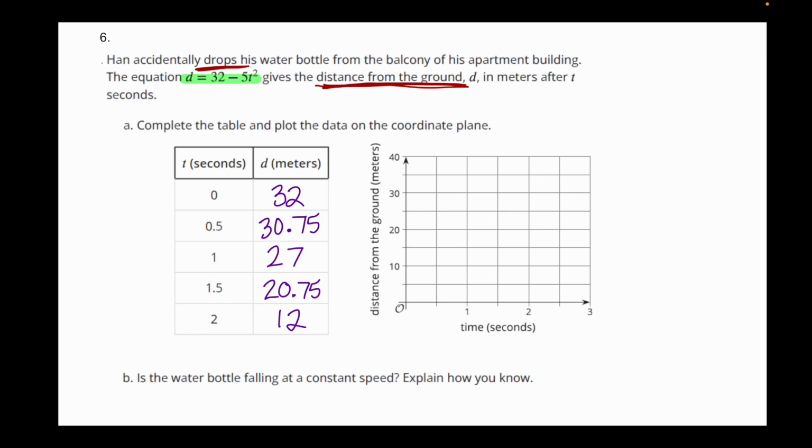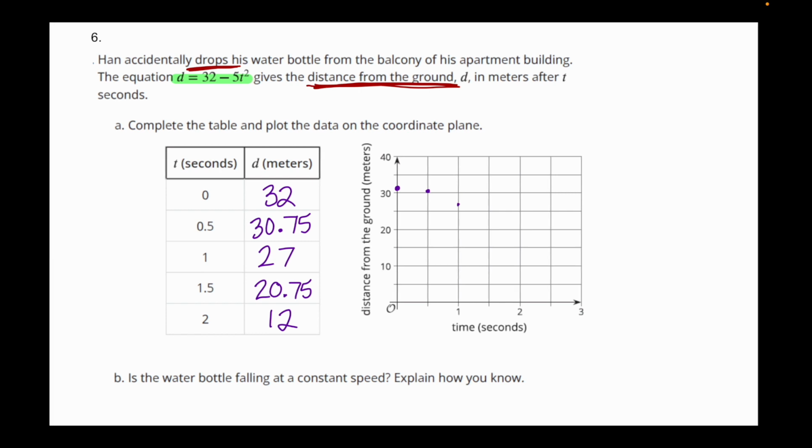Let's plot these on our graph. So at 0, we're at about 32, puts me right here. 0.5 is 30.75, so right just above. At 1, we're at 27, so right about here. 1.5 is 20.75, so right just above 20.